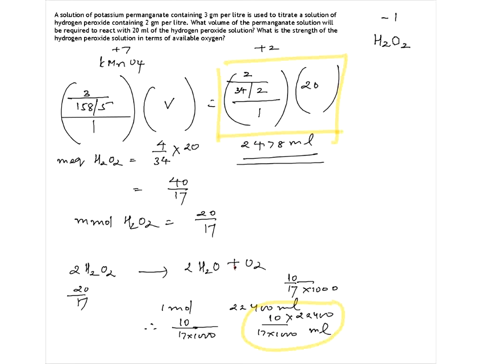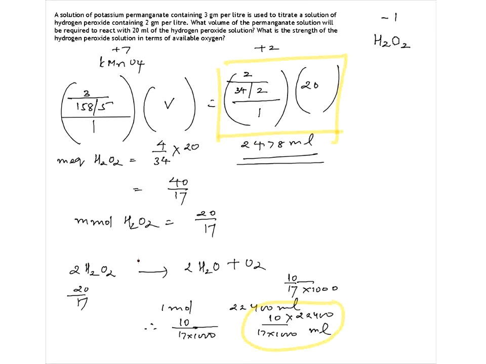We already know the milliequivalents: 20 into 4 over 34. That's the MEQs we already know. If we know MEQs, we know millimoles also. This 2 will not be there in the millimoles discussion. So 20 into 2, 40 by 34, which is 20 by 17.